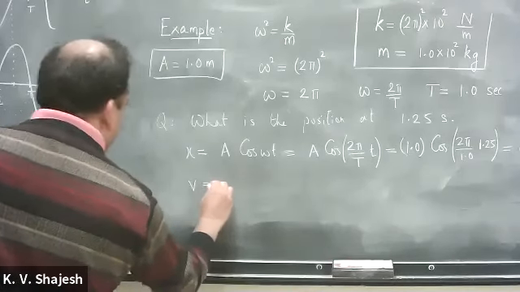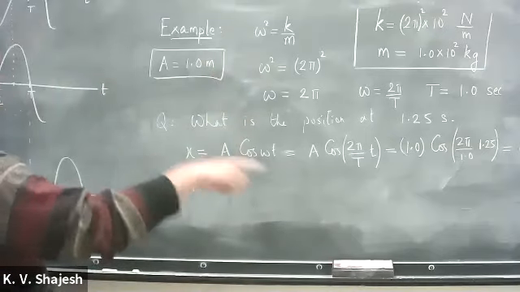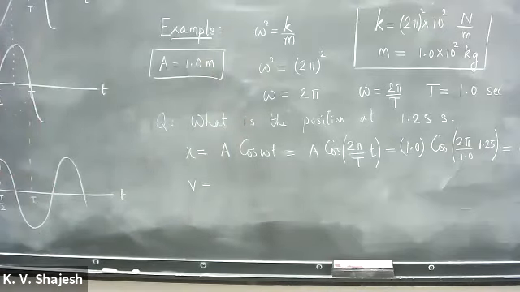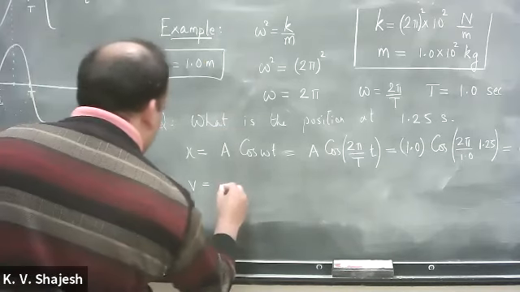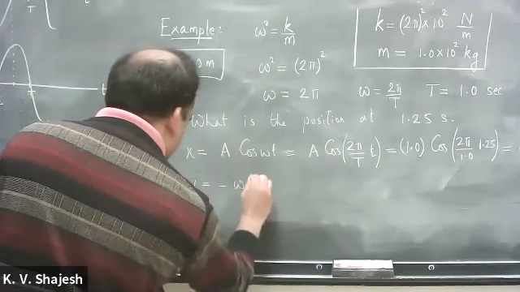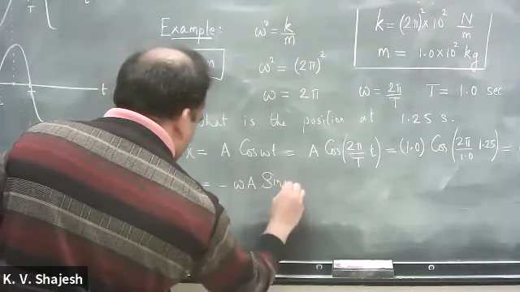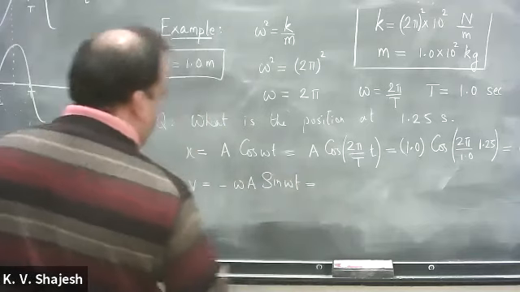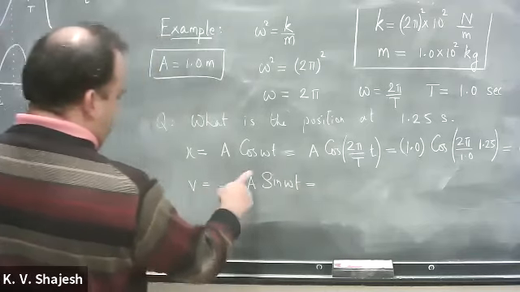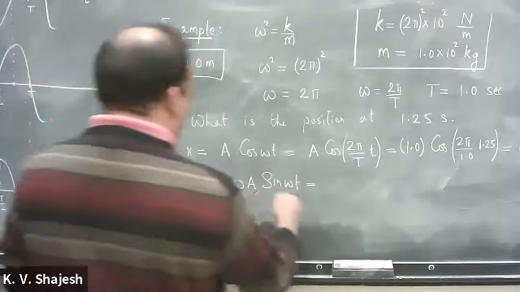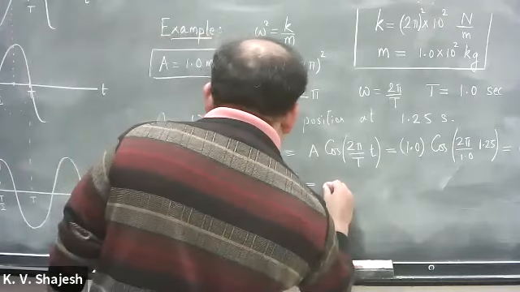One could also calculate what is the velocity. So once we know that its position is actually 0, that means it's at the equilibrium point, so velocity has to be a maximum. So this is minus omega A times sine omega t, so it should come out the maximum, just omega times A itself. But let's do this.